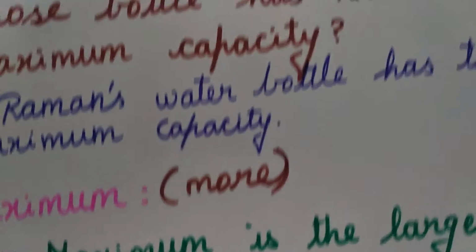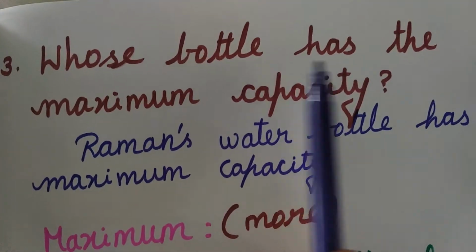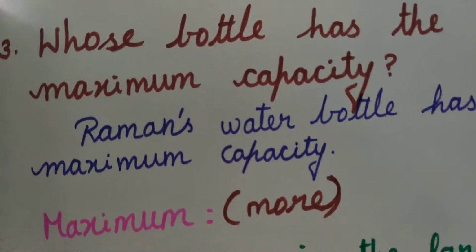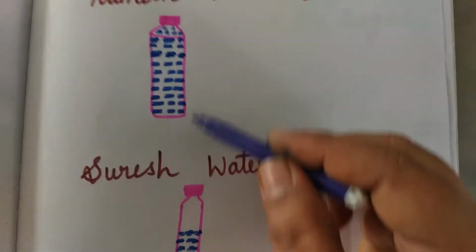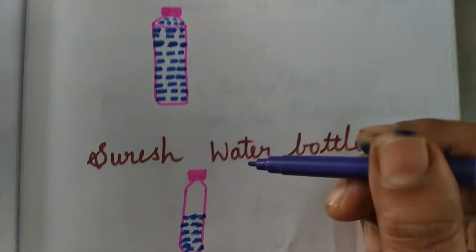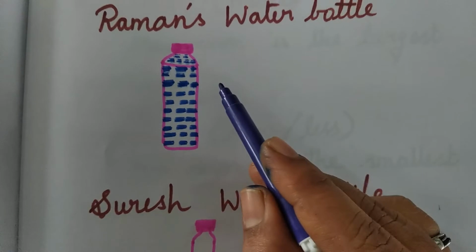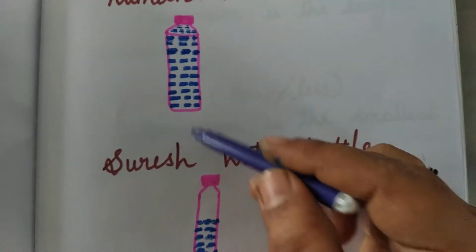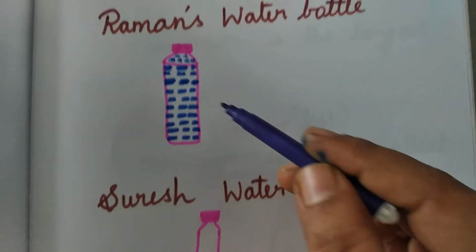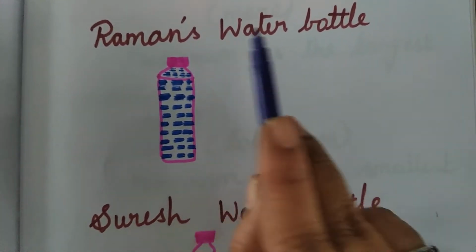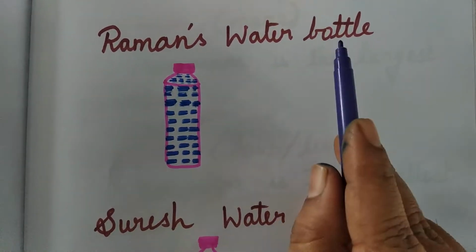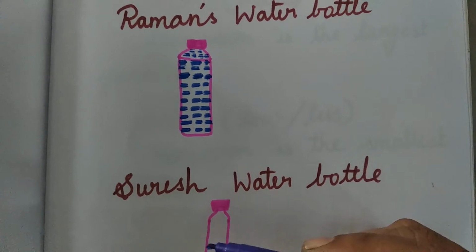Now see here, one more question, Kanna. Whose bottle has the maximum capacity? What is meant by maximum? Maximum means more. So whose bottle is filled more? Yes, very good. Raman's water bottle. So Raman's water bottle is more than the Suresh bottle.